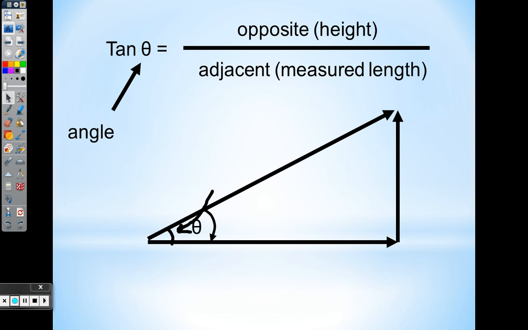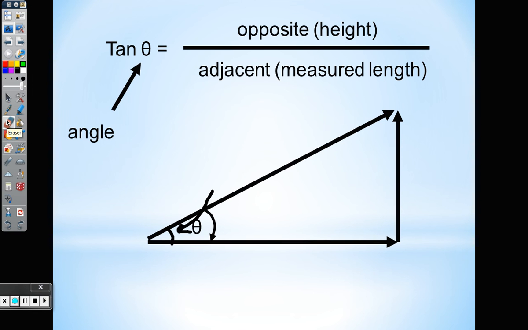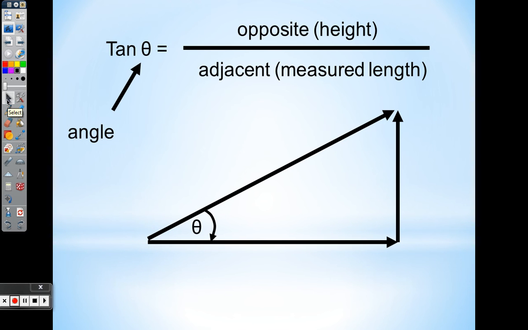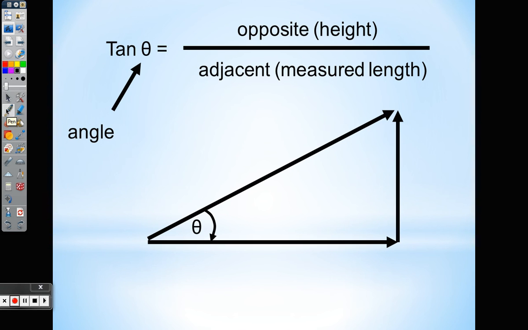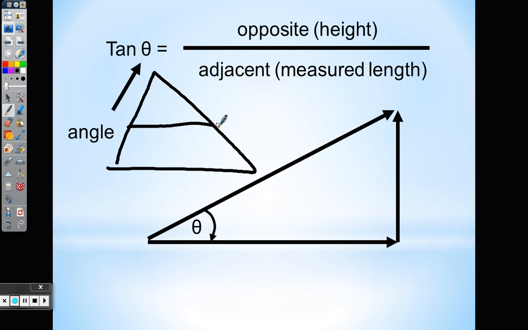So, our equation is as follows. Tangent of theta equals opposite over adjacent, just like you told me. Now, if I were to put this in an equation triangle, what would go on top?